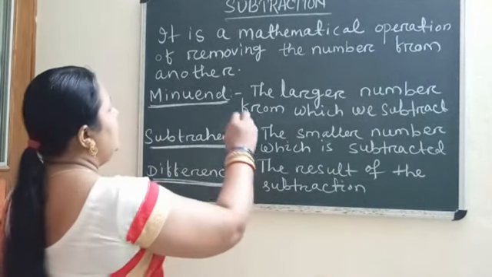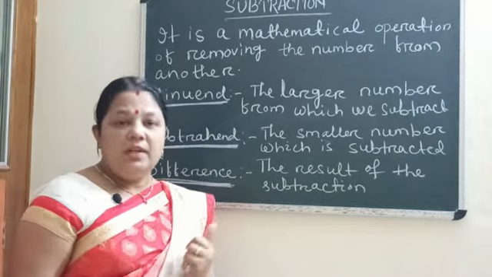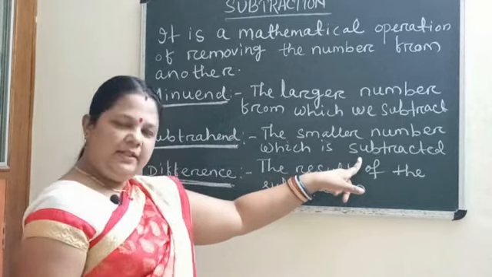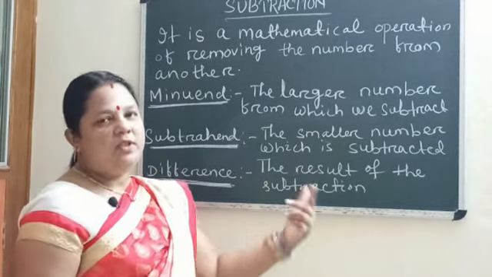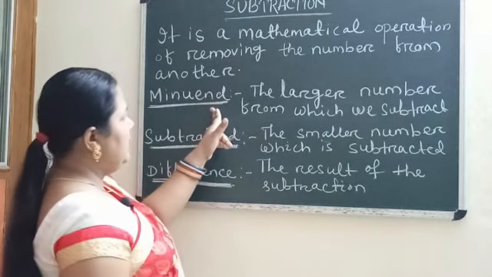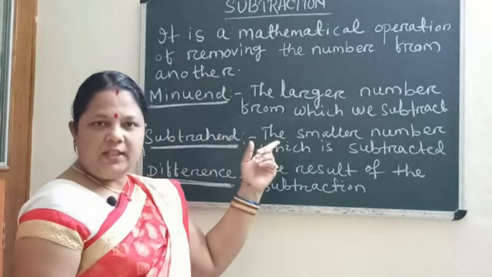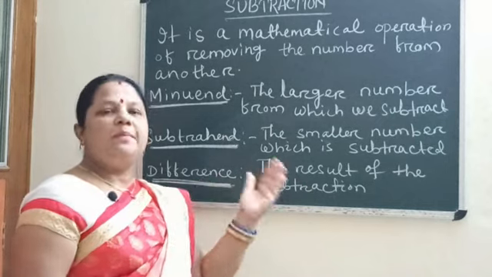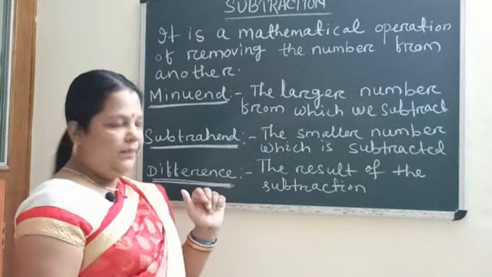So here 50 is called your minuend, and 20, the smaller number which is subtracted, is your subtrahend. So the minuend is the larger number from which we subtract, and the subtrahend is the smaller number which is subtracted from the larger one. Okay.